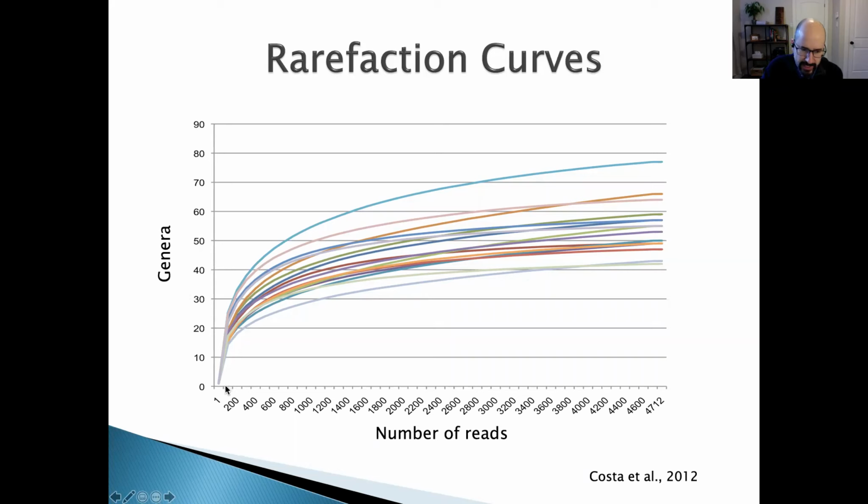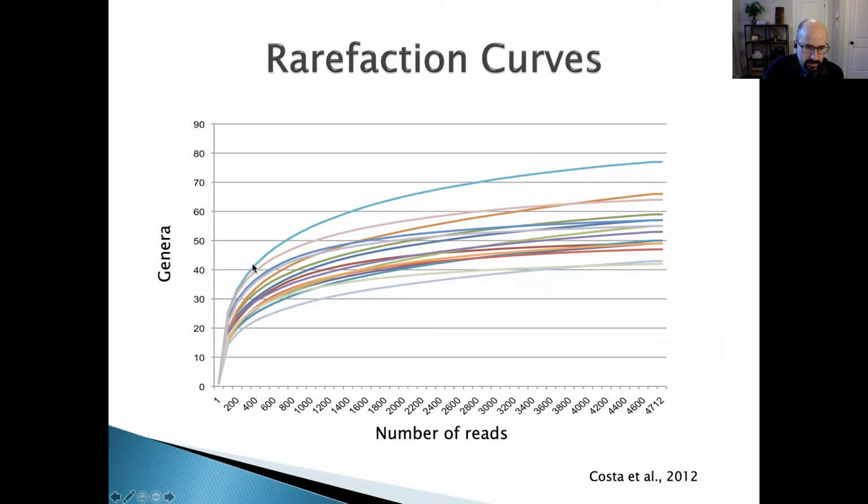So let me give you an example here. If I get 200 reads from this analysis, I'm going to look here and see that this sample had about 20 different genera. But with the same number of reads, this other animal already had double the richness.